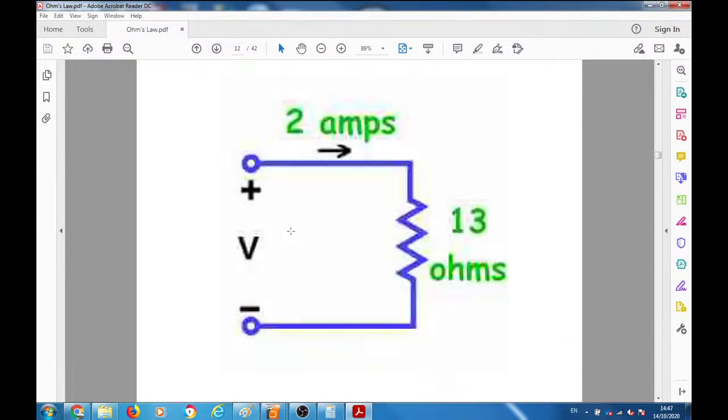Okay, we did this. Let's do this one. So we've got 2 amps and 30 ohms.